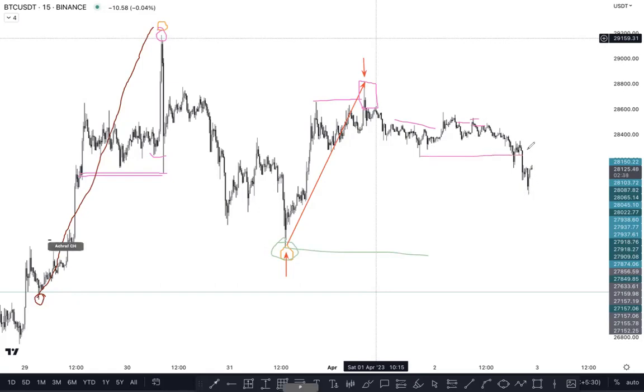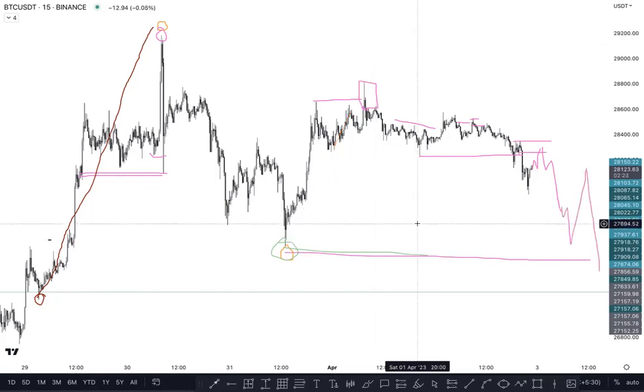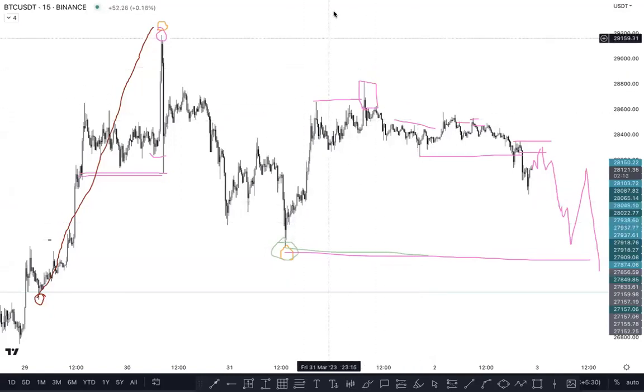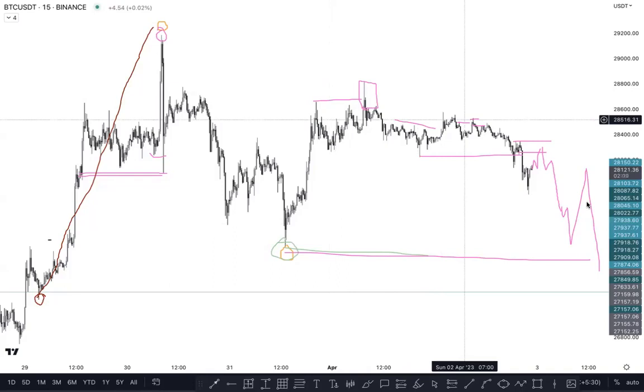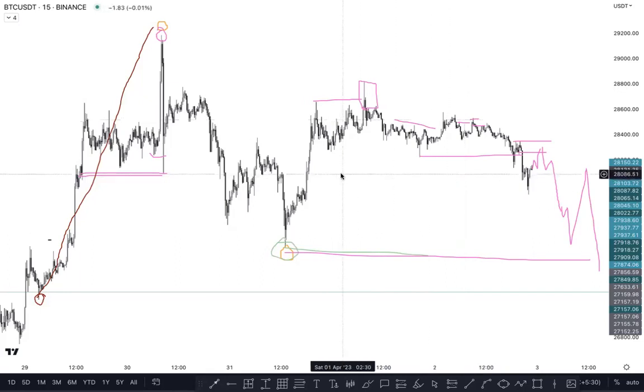Break and push downside. Like this. Okay, so I hope you understand.